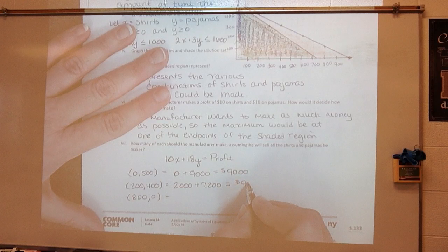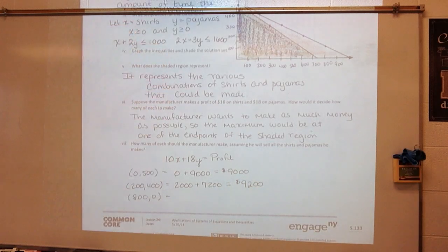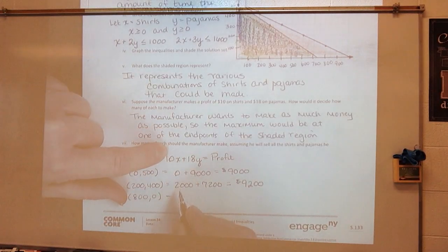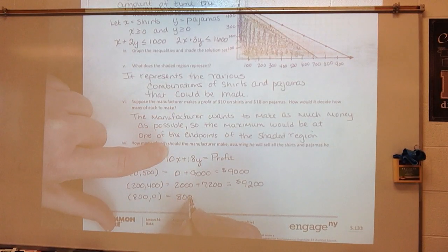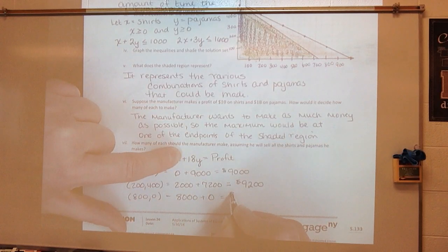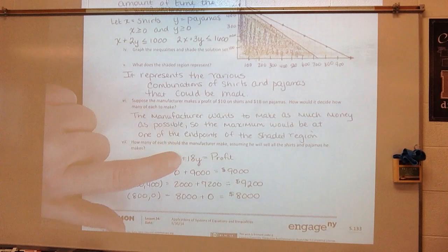So he would make a total of $9,200. And then 800 per shirt would be $8,000. And if 0 on pajamas, that would only give them a profit of $8,000.